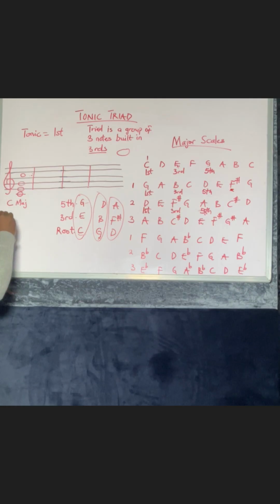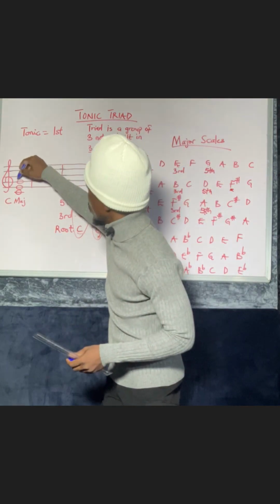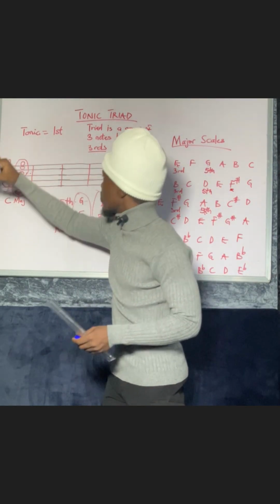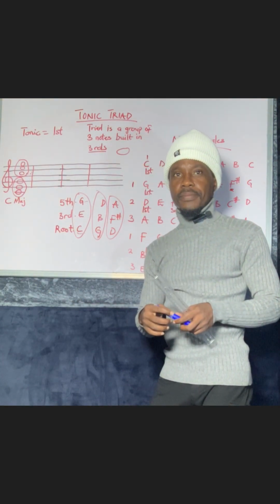C, then E, the fourth space, then the space here, G. You don't have to put the two together. It's either you take this or you take this. Both are correct.